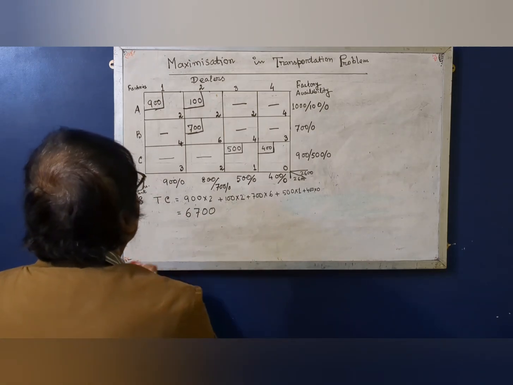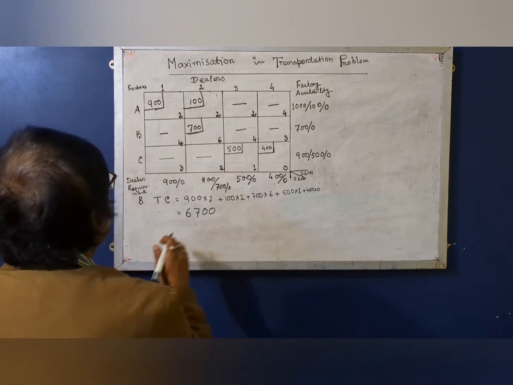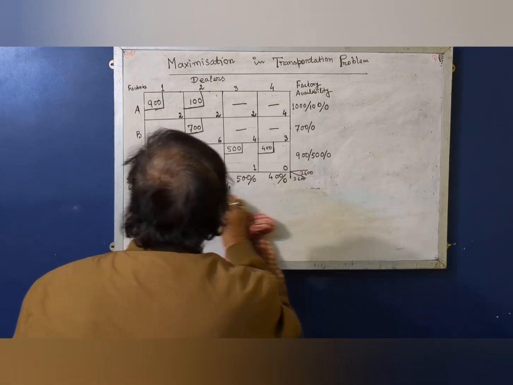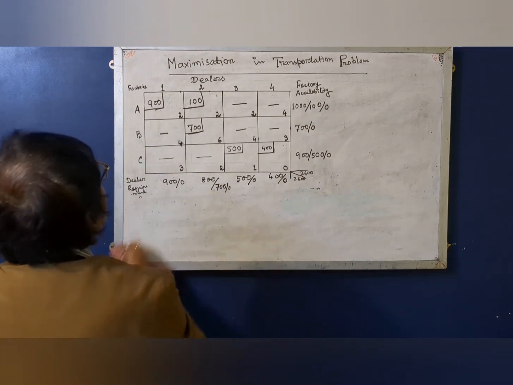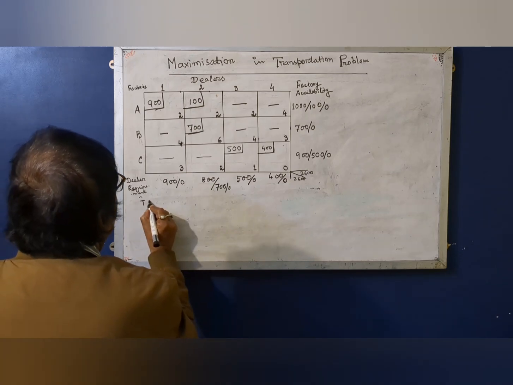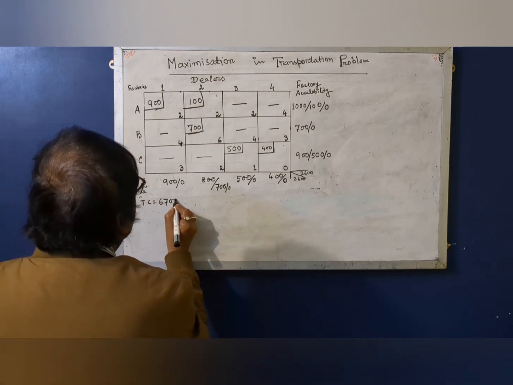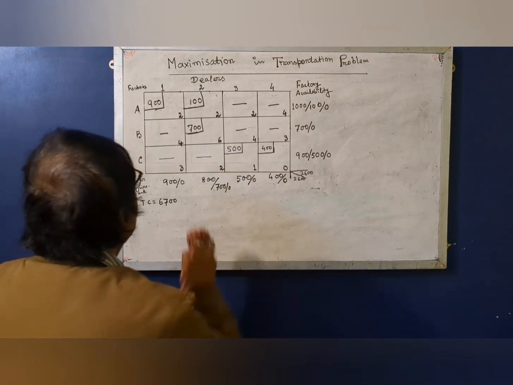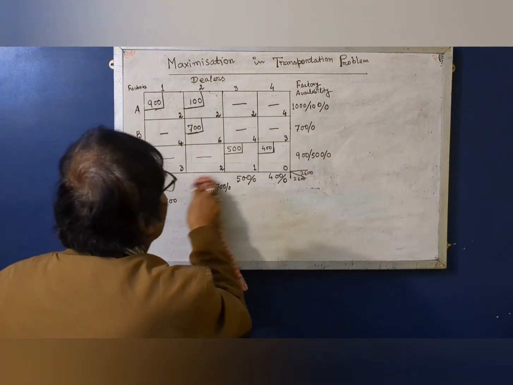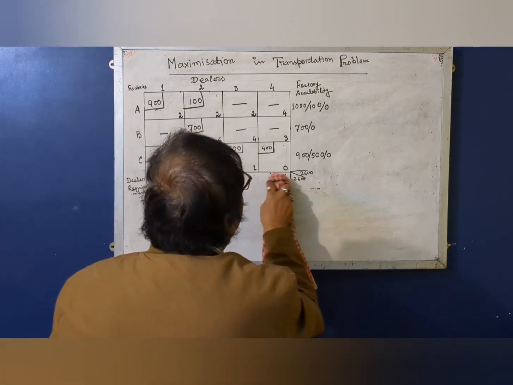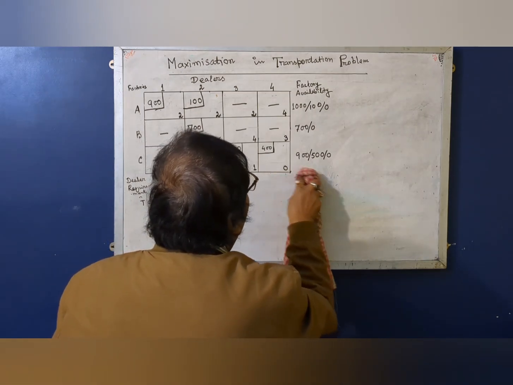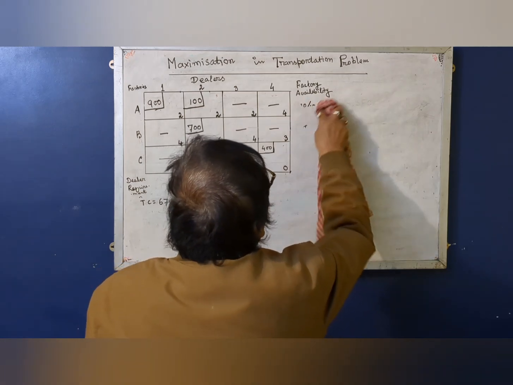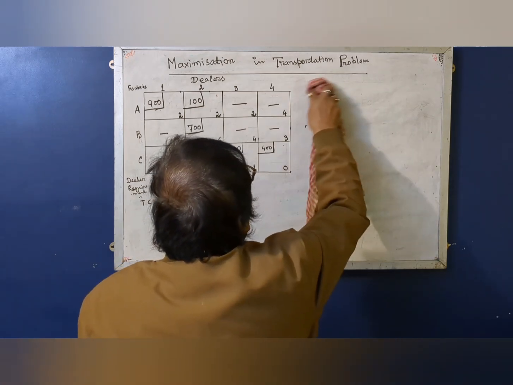I am noting down the total cost for this initial basic feasible solution as 6700, to check that after applying MODI, the cost will be reduced or at least the same. I am erasing all this because these are not required to apply MODI.